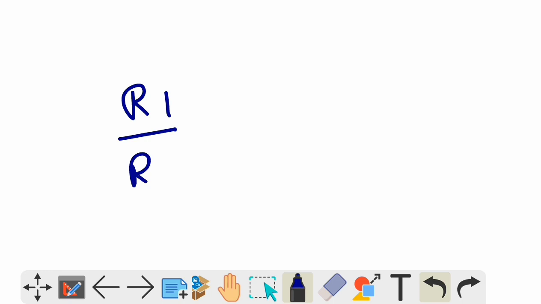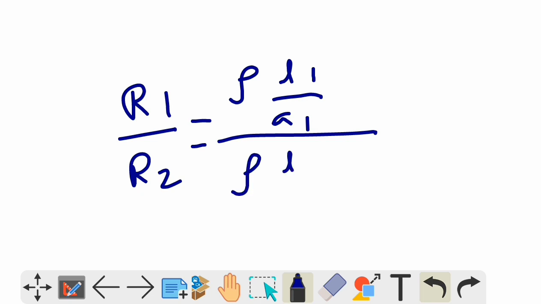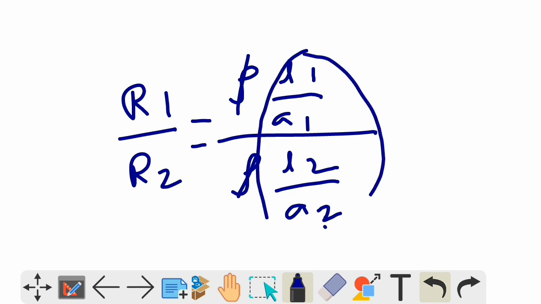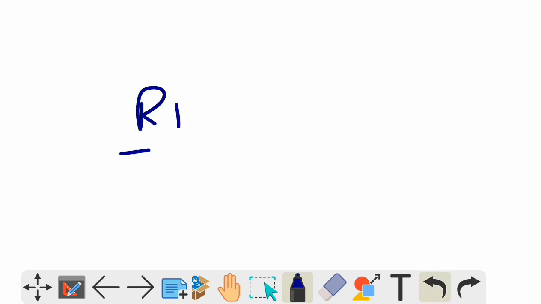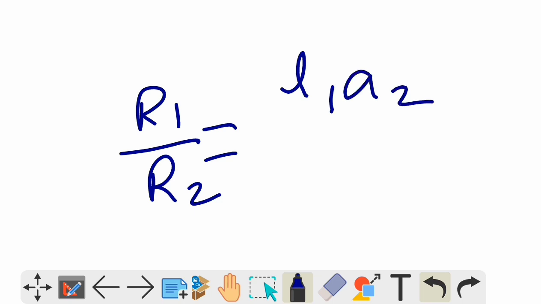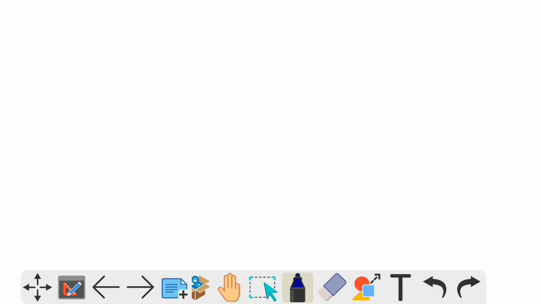R1 by R2 equal to rho L1 by A1 by rho L2 by A2. Rho will be cancelled. Then let's simplify this. A2 will go to the numerator and A1 will come down, isn't it? So R1 by R2 will become L1 A2 by L2 A1.